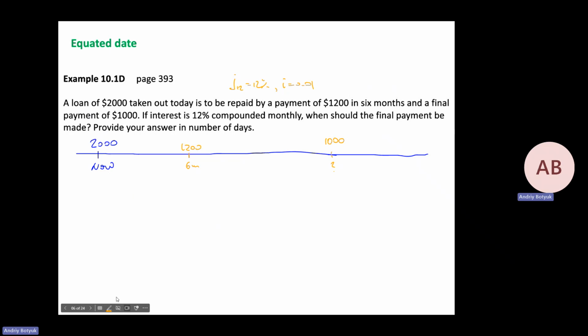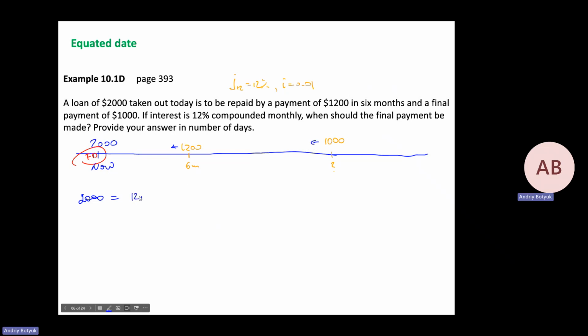Okay, so as I said, the focal date is here. I have two agreements: I have 2,000, that's a loan, and I have two payments. So 2,000 is already at the focal date. Now 1,200 I have to bring back, and 1,000 I have to bring back.